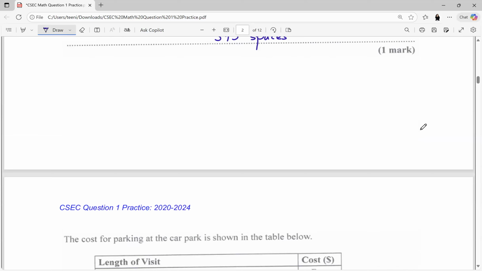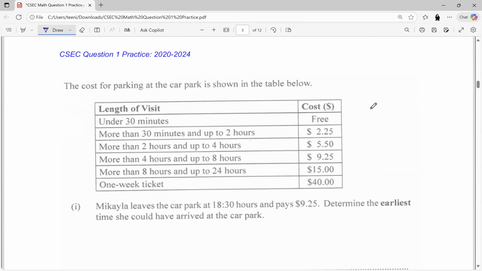All right, let's move on. Let's look at this one. The cost for parking at the car park is shown in the table below. Under 30 minutes, it's free, so you pay nothing. More than 30 minutes and up to 2 hours, you pay $2.25.